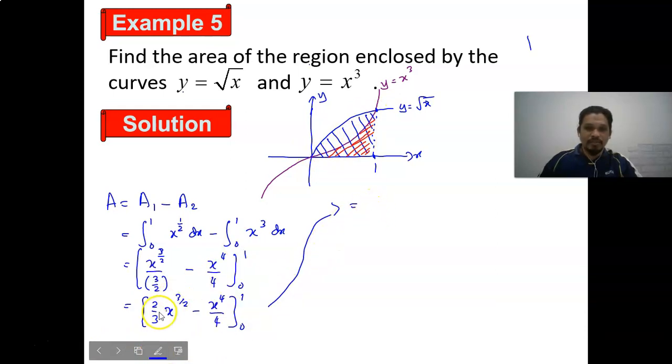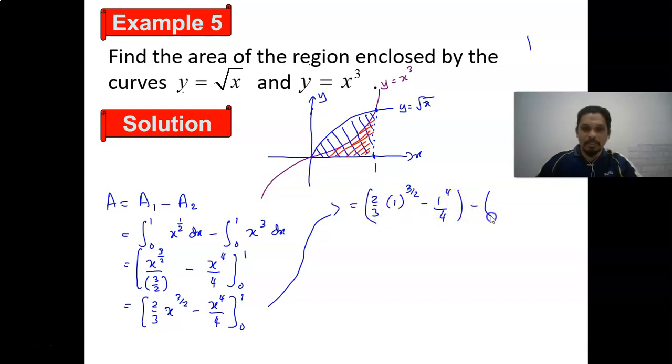Okay, so substitute x equal to 1: 2 over 3 times 1 to the power of 3 over 2, minus 1 to the power of 4 divided by 4, minus the values at 0, which are 0 here and 0 here.